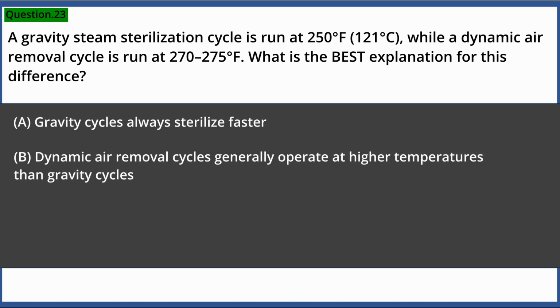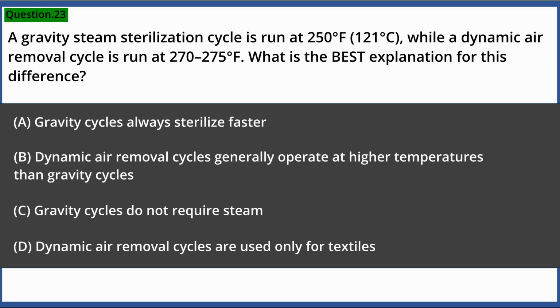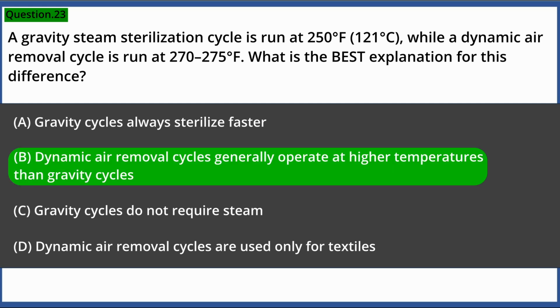B. Dynamic air removal cycles generally operate at higher temperatures than gravity cycles. C. Gravity cycles do not require steam. D. Dynamic air removal cycles are used only for textiles. Answer. B. Dynamic air removal cycles generally operate at higher temperatures than gravity cycles.